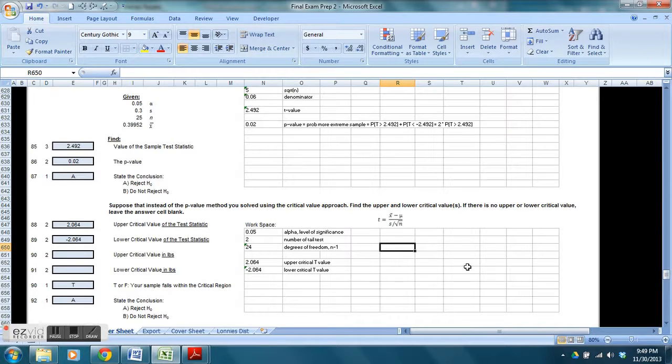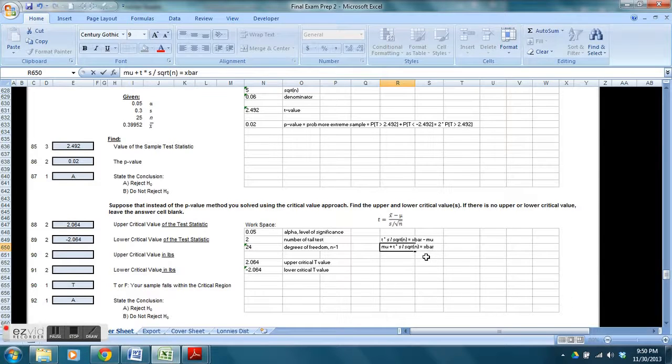What that becomes is we have this original equation, and if we multiply this denominator on both sides, then we get t times s divided by the square root of n, and that's equal to x bar minus mu. So to get x bar by itself, we can just add mu to each side, and then we get mu plus t, our t value, times s divided by the square root of n, and that is equal to x bar.